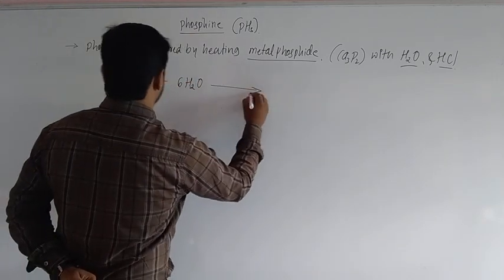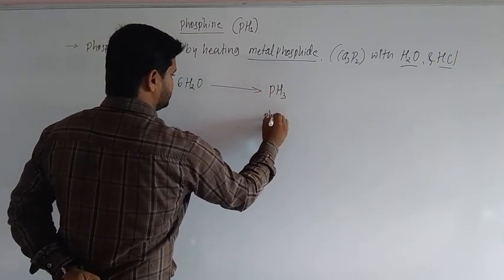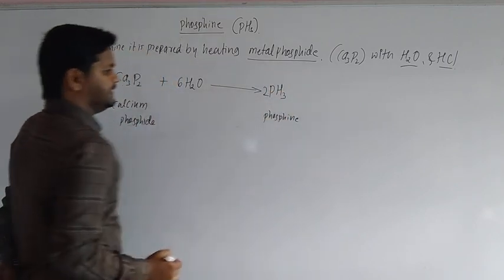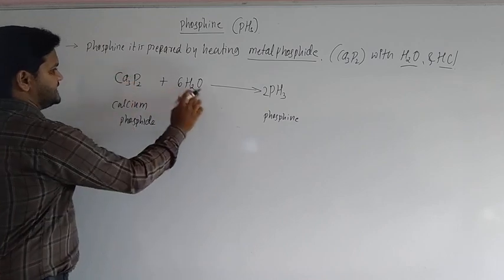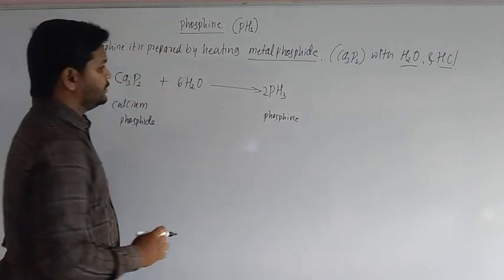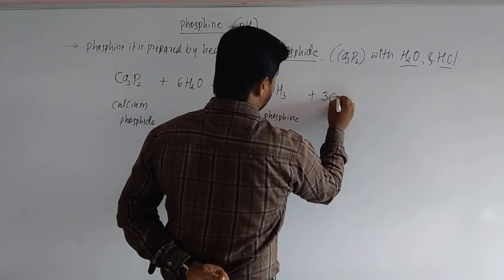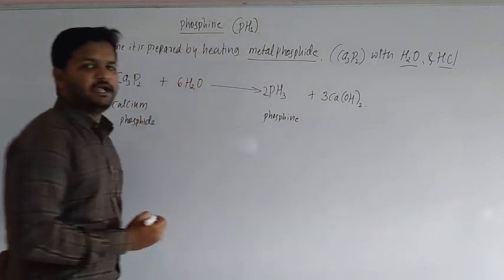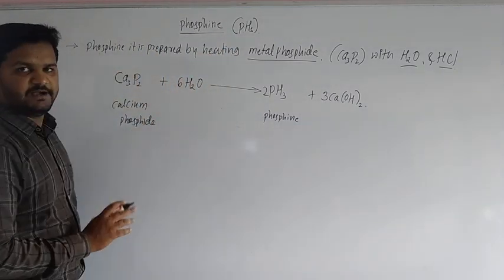It gives phosphine, PH3. Just balance the chemical reaction: Ca3P2 plus 6H2O gives 2PH3, phosphine, and the remaining is 3Ca(OH)2, slaked lime, obtained as a byproduct. This is the first preparation, using calcium phosphide and water.